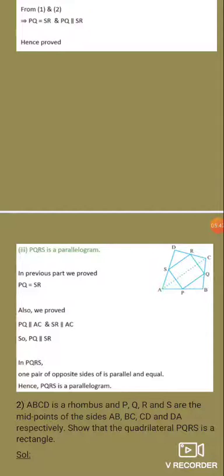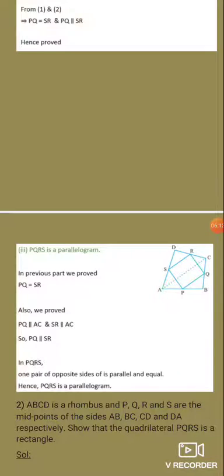Now next one, PQRS is a parallelogram. In the previous part, we proved PQ is equal to SR. Also we proved PQ is parallel to AC and SR is parallel to AC. So PQ is parallel to SR. Now in quadrilateral PQRS, one pair of opposite sides is parallel and equal.